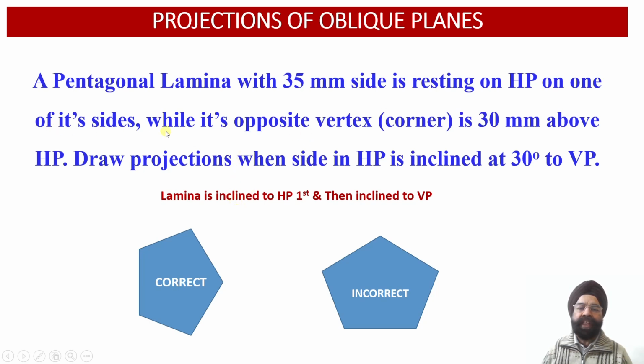This way both of these conditions will be satisfied. So this is the appropriate orientation of this pentagonal lamina with respect to the vertical plane.